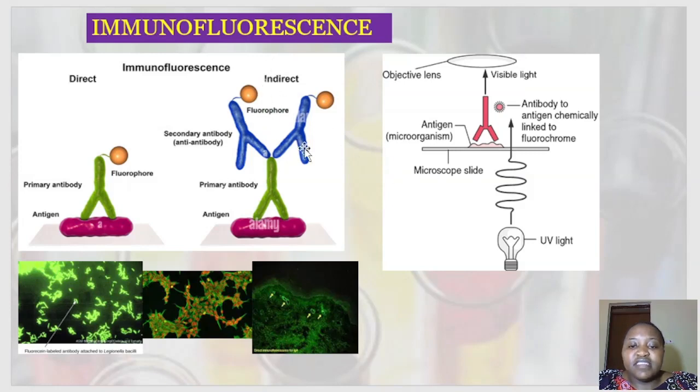Once you have that, you use a microscope, and it is able to give you images like the ones you can see here, if your antigen of choice was present within that particular tissue. So this is also a very good technique where we use immunofluorescence, and this is using tissues.